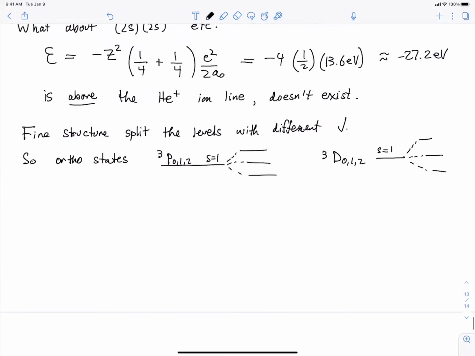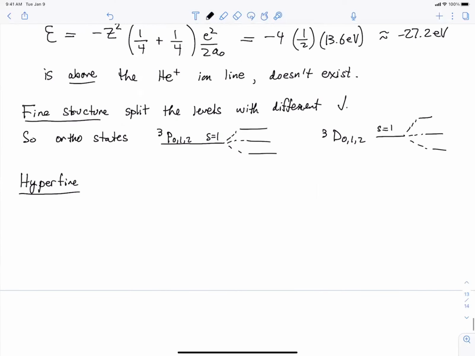Okay, then there's the hyperfine, and we'll be able to dispose of this very quickly. So the hyperfine, remember, comes about from the nucleus, but a 4-helium nucleus, meaning it's made out of a proton and a proton and a neutron and a neutron, has no spin.